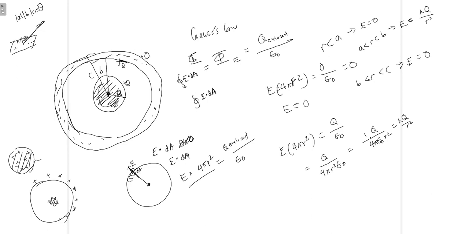If this is negative Q and the net is 0, the outside must be positive Q.